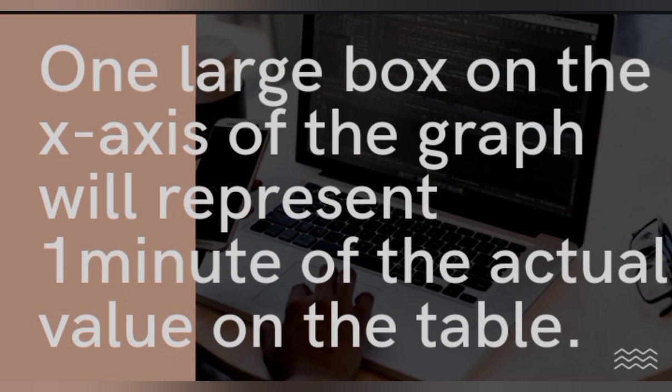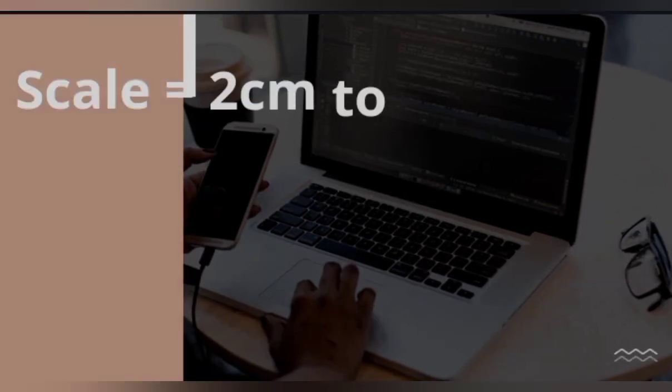This is because when we are plotting the graph, we are going to be using the time as the x-axis and the distance as the y-axis. So we just calculated for the x-axis, and we say that one large box on the x-axis of the graph will represent 1 minute of the actual value from the table.